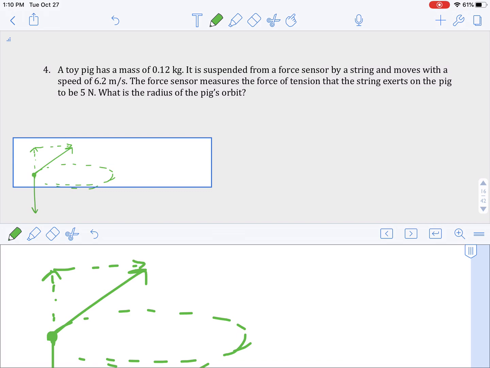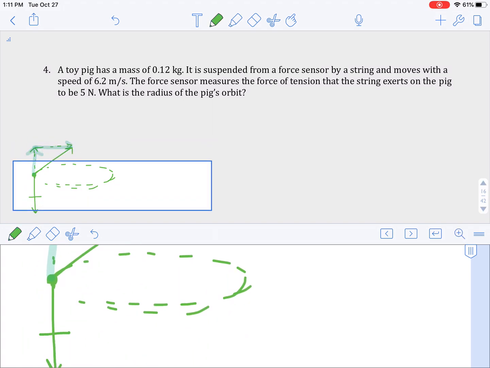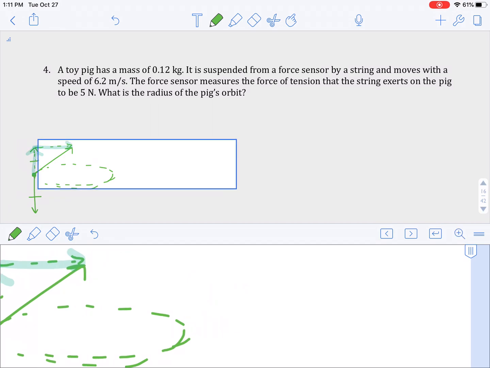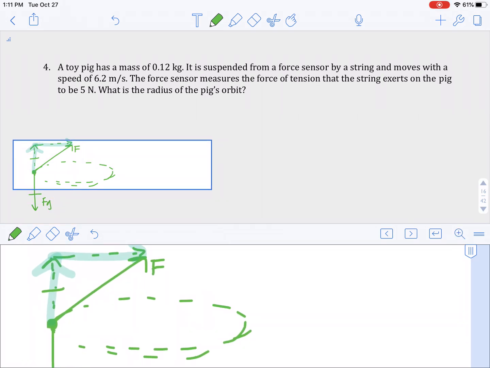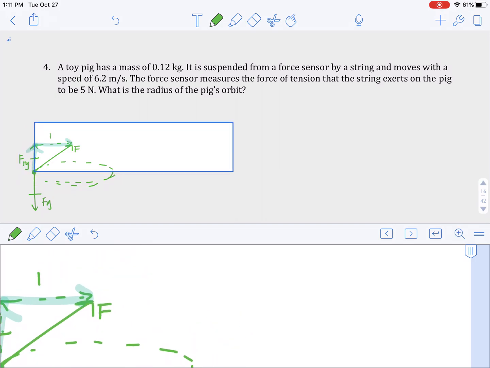These are our components. And we know that FG will be equal to FTY because it's not accelerating vertically. And this one, we're also actually not given an angle.